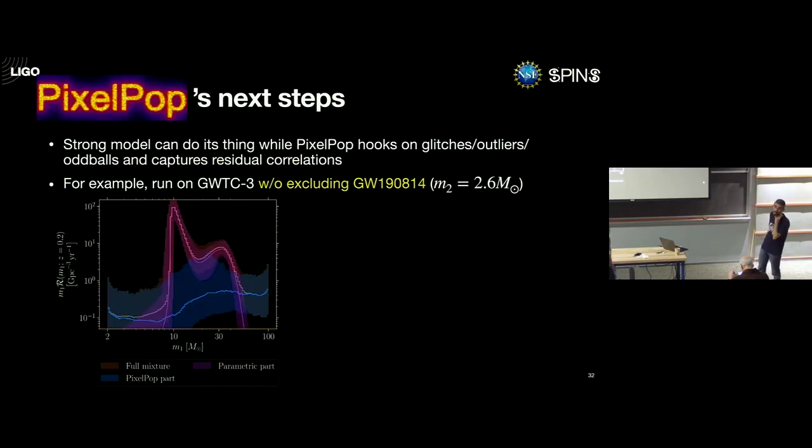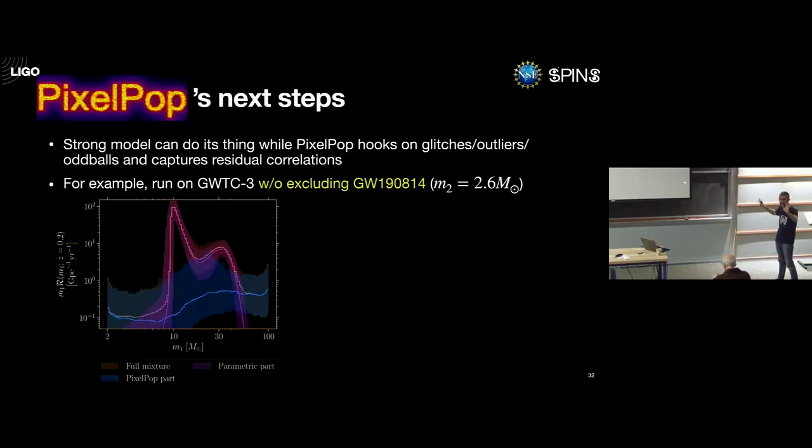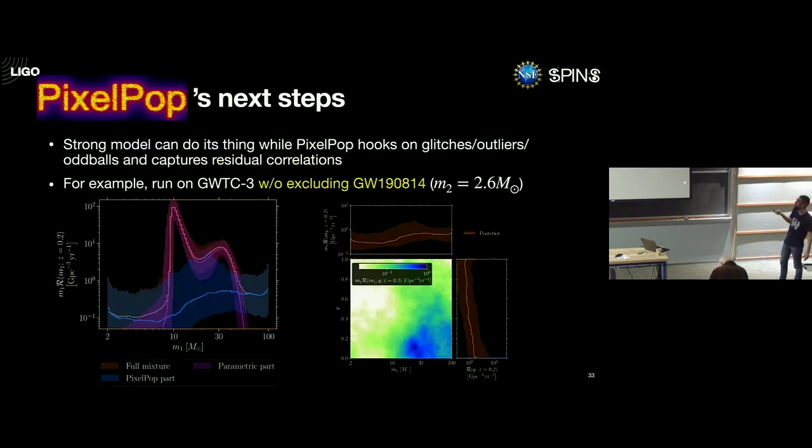So to me, we use 1914 as an example because it was an event that, caveat notwithstanding, was always a bit of an outlier. You have to treat it in a special way. So it was the first thing to try. But in my opinion, the most promising idea behind something like this is that the binned population part could capture the correlations that your strong model is not able to capture, or outliers or glitches, right?